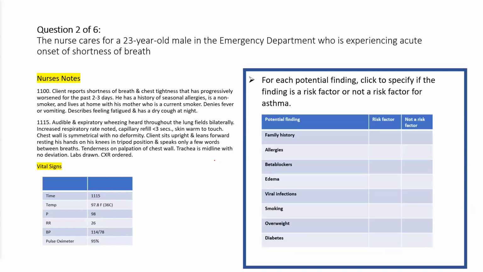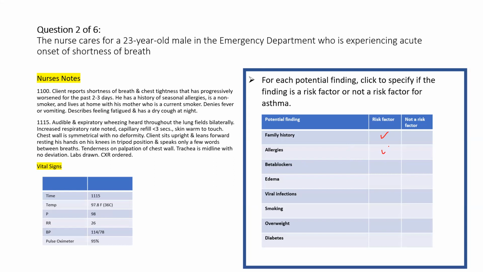Okay. So let's go on, and for each potential finding, click to specify if the finding is a risk factor or not a risk factor for asthma. Family history, is this a risk factor? Yes. Allergies, is this a risk factor? Yes.